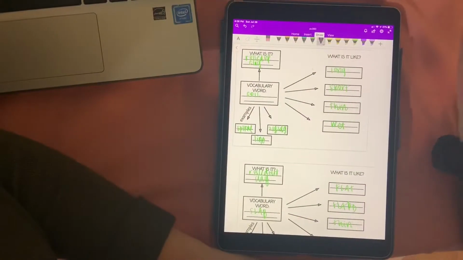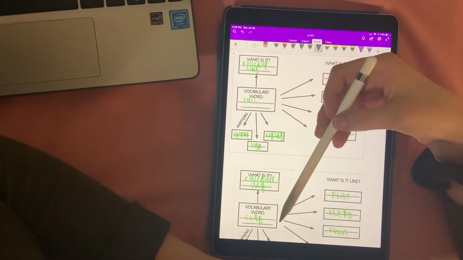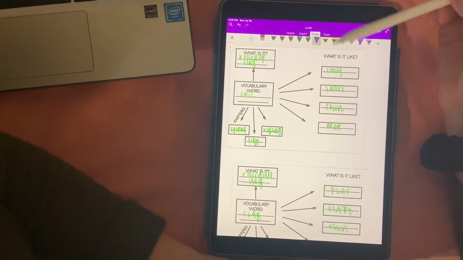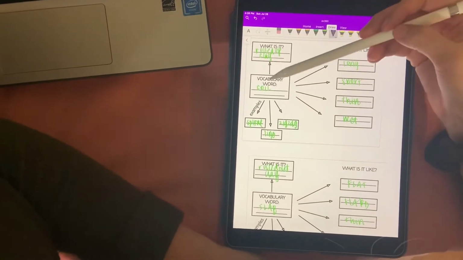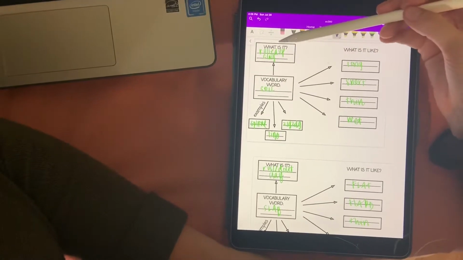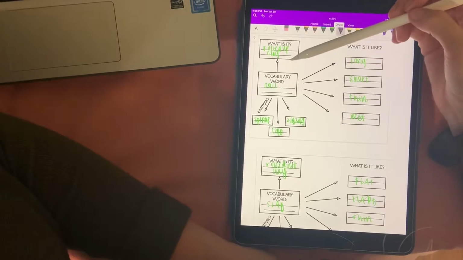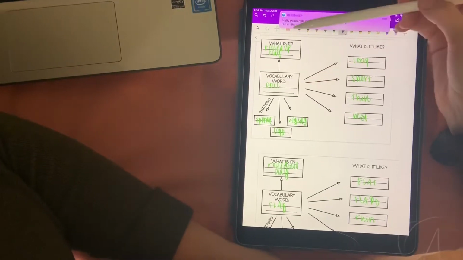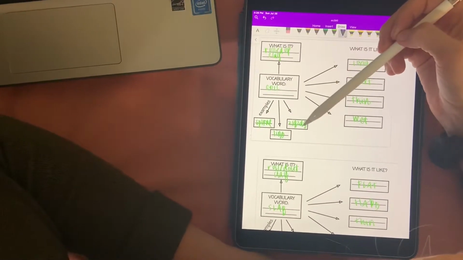Yeah. So the student did not know what coil or slab meant, so they did separate word maps with those words. Let's talk about the word coil first. So the student did know that coils are rolled up clay. They know that coils can be put into spirals, lines, and zigzags.